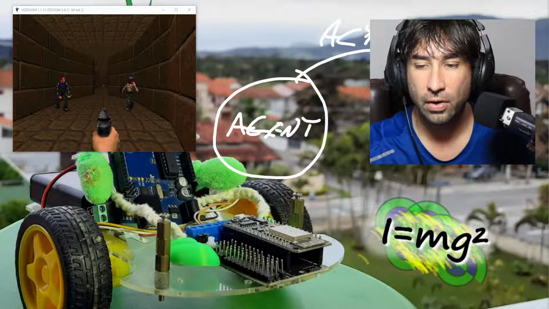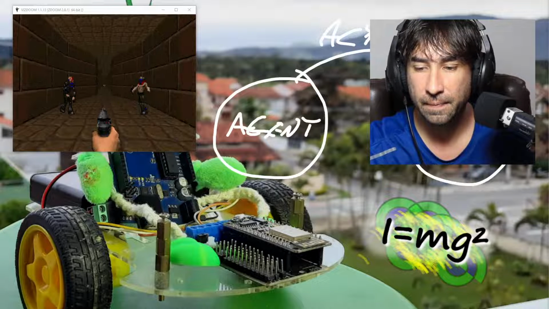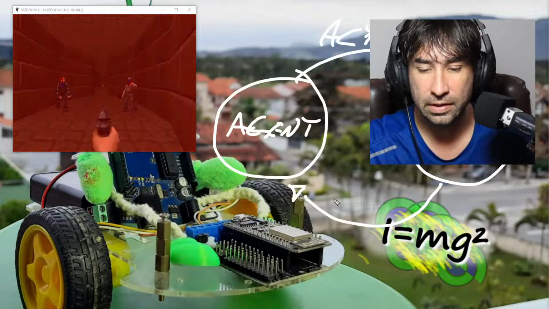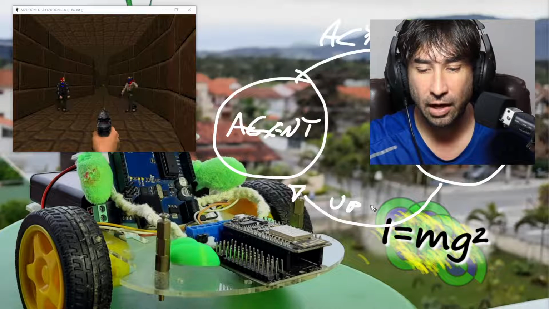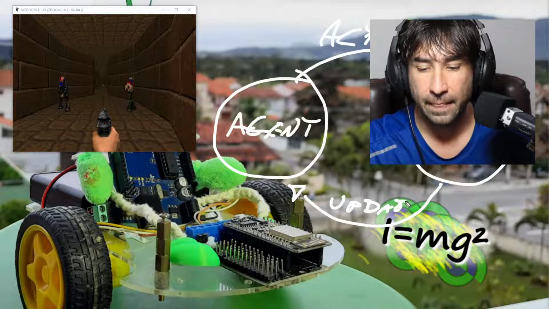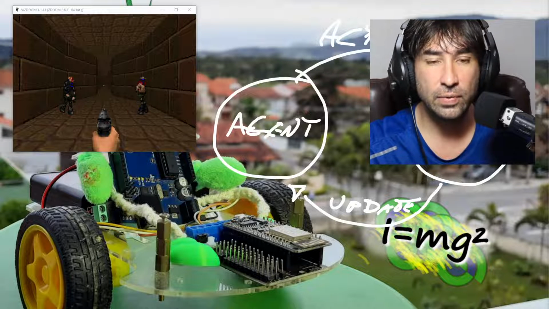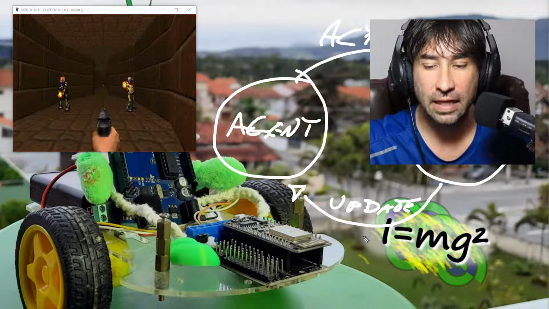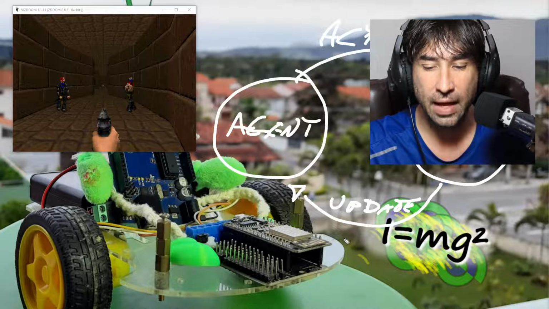Our agent is applying some actions on the environment, and the environment will return another update of its state. When we apply some kind of action, the environment will be updated, and that's the reason we are applying actions.